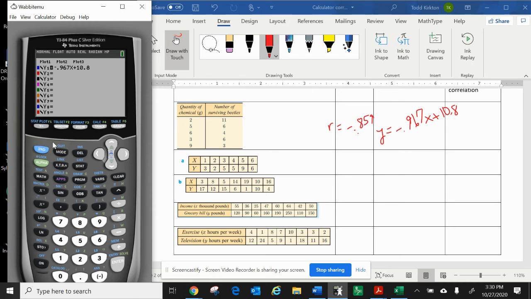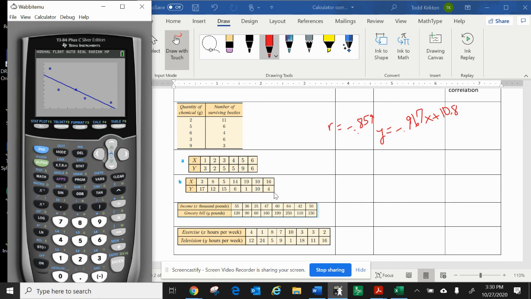If you graph that, and you also turn on your stat plot for the list, you can see the line of regression. I have to adjust some things, list 3, list 4. And now if you go zoom stat, you should be able to see your line of regression and your points. So you see it makes a perfect line. It's not something you have to eyeball.